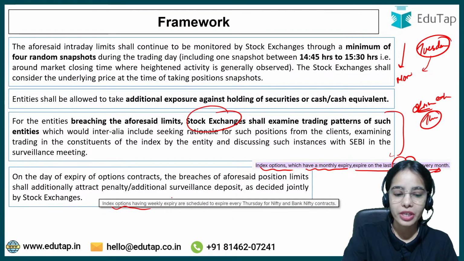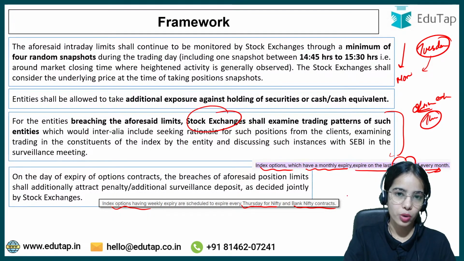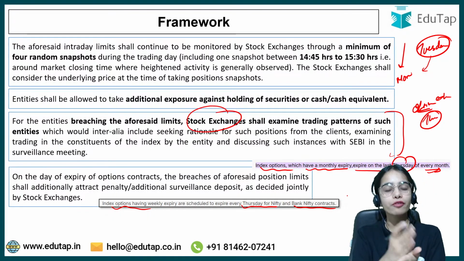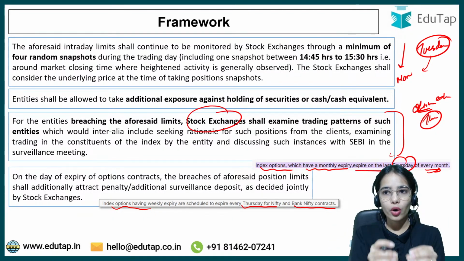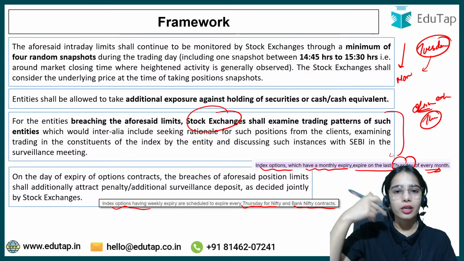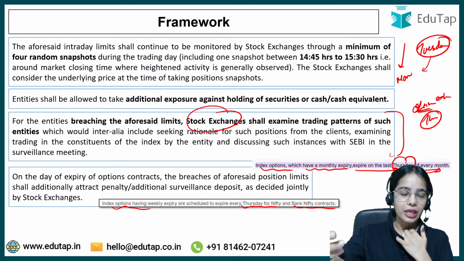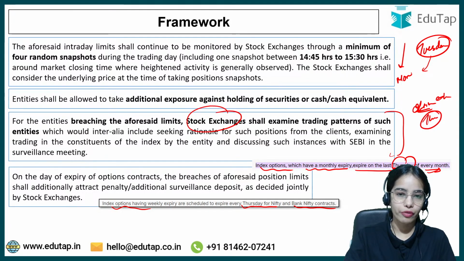Index options that have weekly expiry are scheduled to expire every Thursday for Nifty and Bank Nifty contracts. So even if you are taking the intraday position, it doesn't matter that the option contract is not finishing on your day. The weekly contract expires on Thursday and the monthly contract expires on the last Thursday of the month.